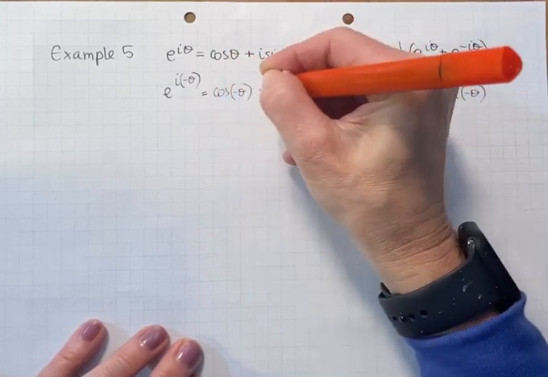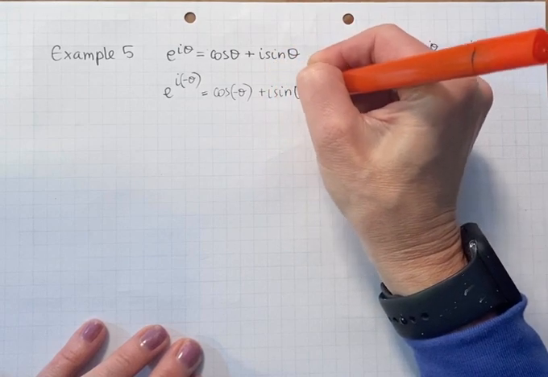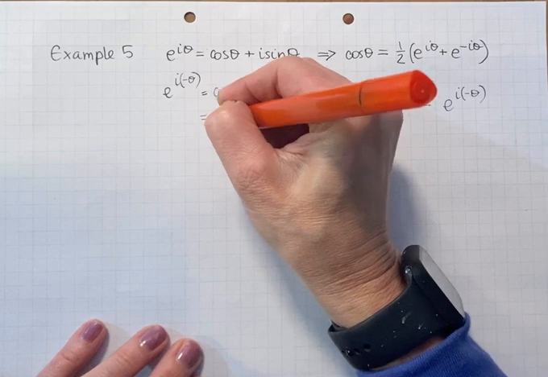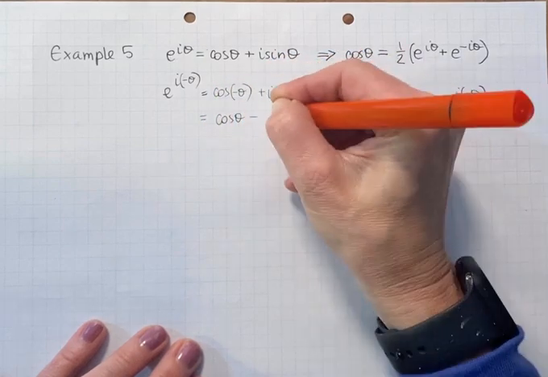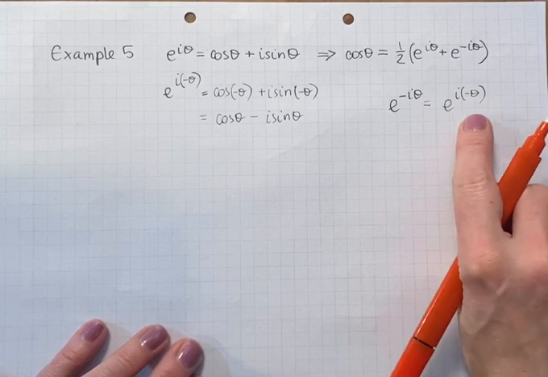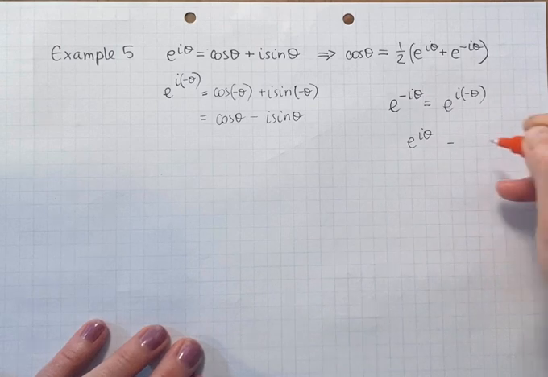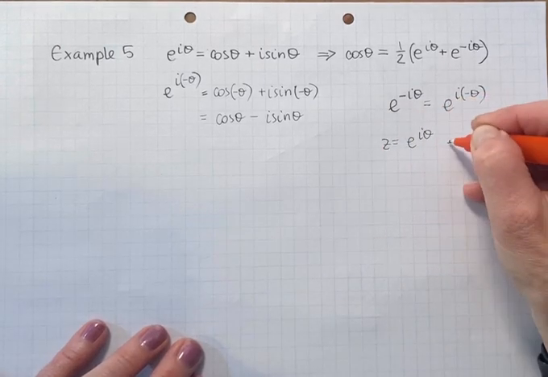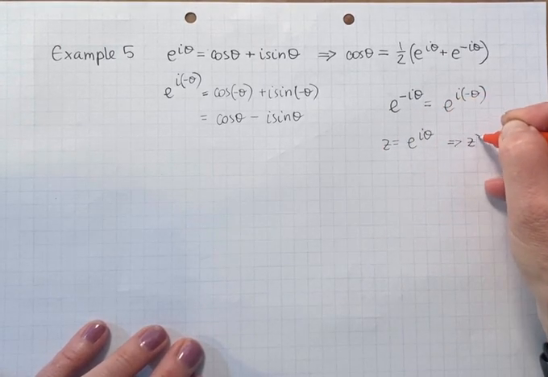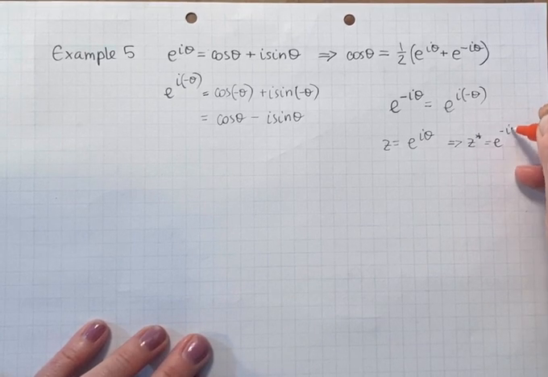Now I'm doing it the long way. You could straight away write it down as cos theta minus i sine theta, because of what I've just said, that if this is z, then the complex conjugate of that number is e to the power of minus i theta.